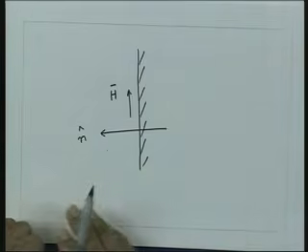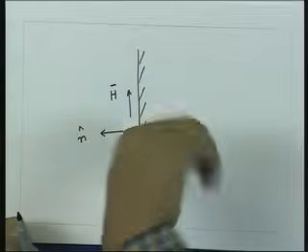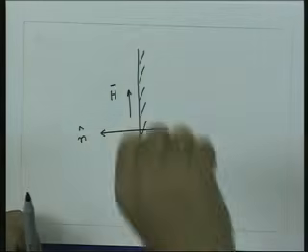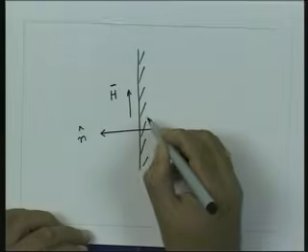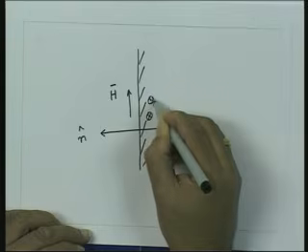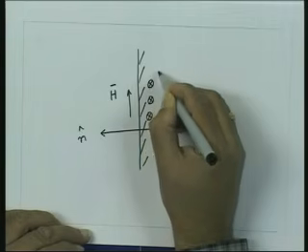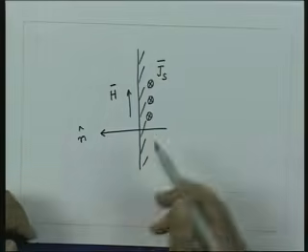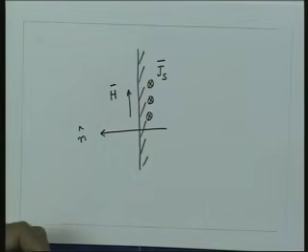So my finger should go from n to H, and the direction of the current will be inwards. Essentially there will be a linear current going inside the plane of the paper. This is the linear surface current density, that is what we talked about when we discussed the boundary conditions.